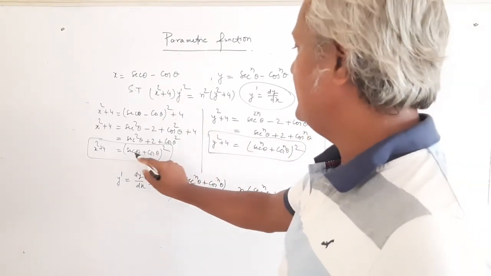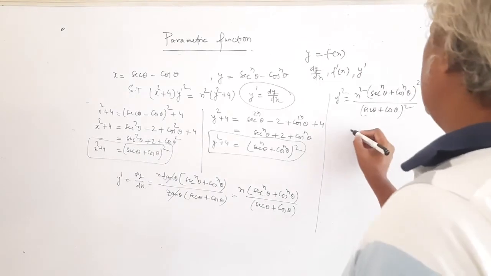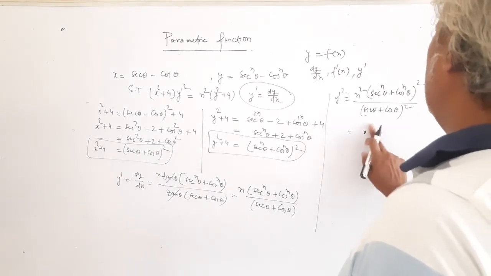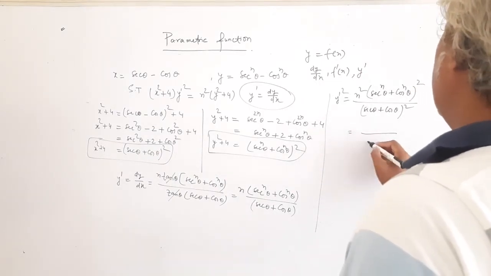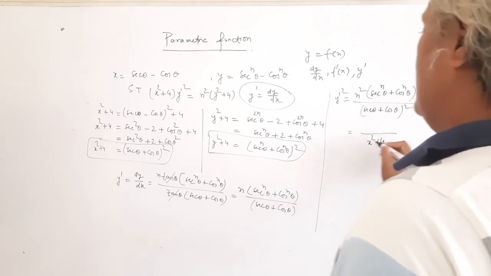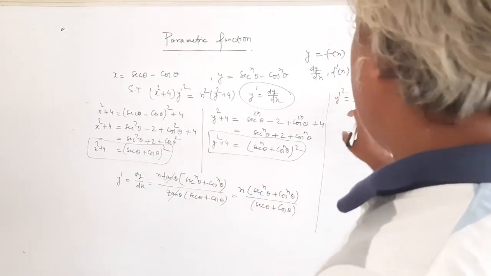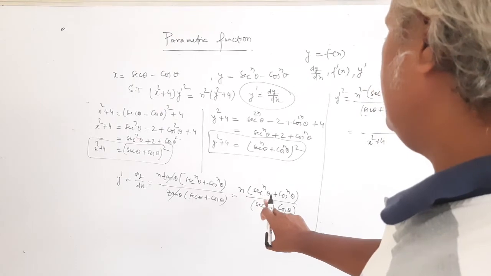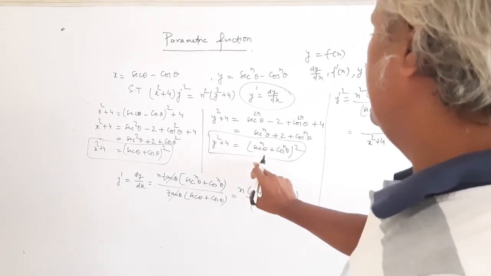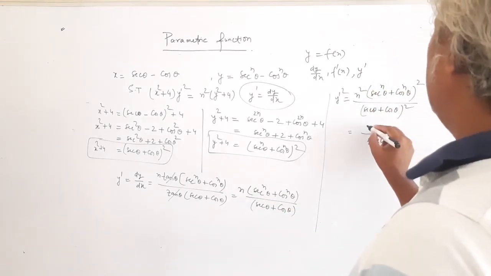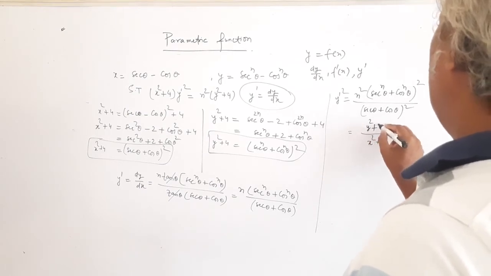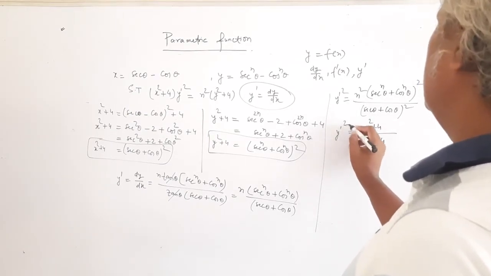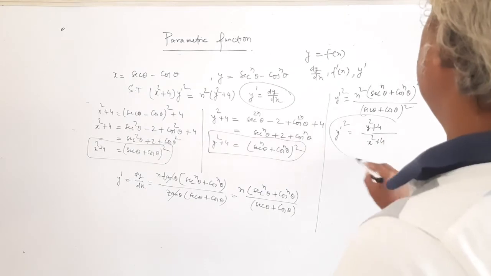Now you see here, (sec theta plus cos theta) square, this part is x square plus 4 and n square. And here, y square plus 4 is this part, and this is y square. So this is done.